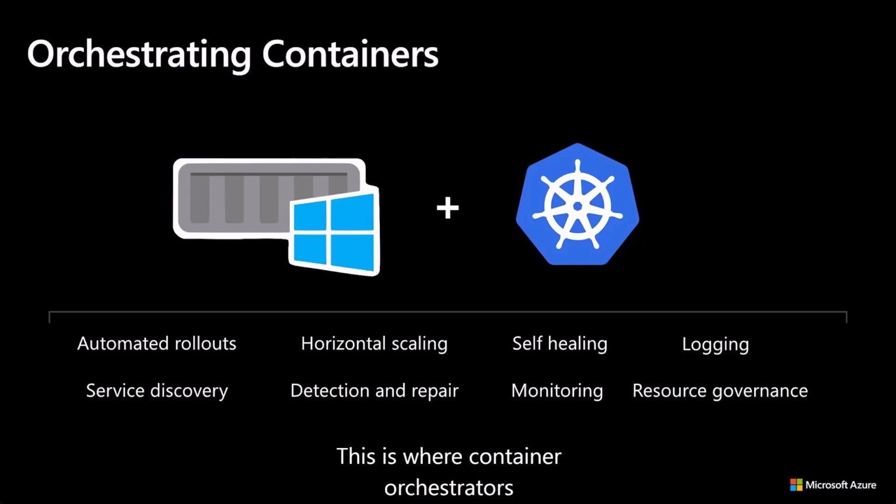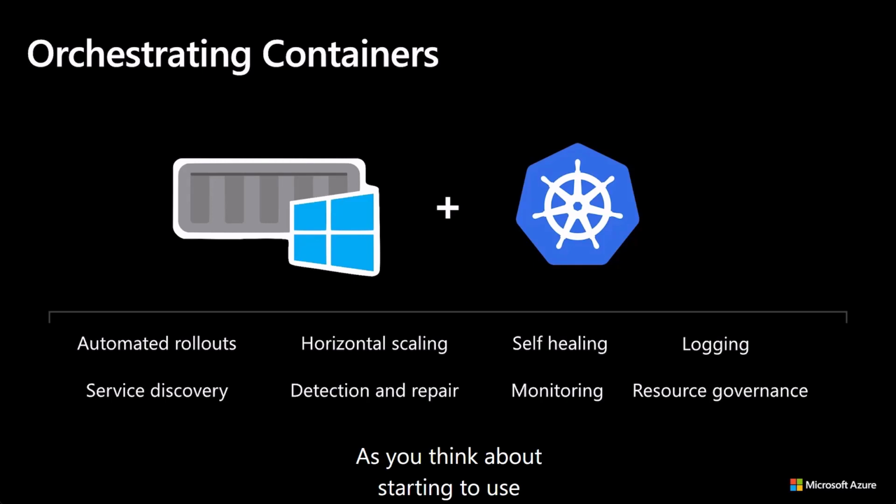This is where container orchestrators really come into play. They provide so many capabilities for running containers at scale that you can see on the slide. There's a number of really nice features that it supports, like scaling out, logging, self-healing. If an application goes bad or a container goes bad, it'll try to self-heal. Resource governance, all this monitoring integration.